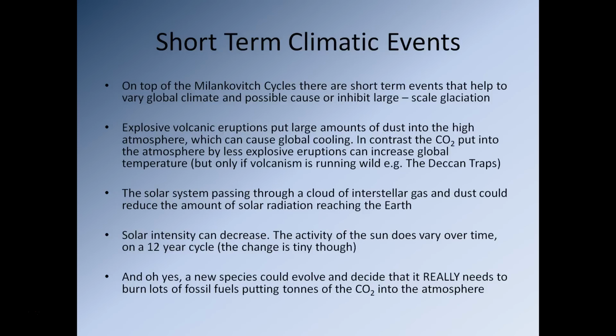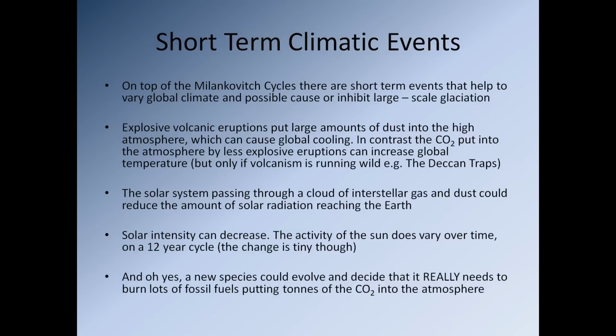You can have the possibility that the solar system can pass through a cloud of interstellar gas, and that would essentially mean that there would be more gas in between the Earth and the Sun. It'd be like the Earth and the Sun were moving through a fog. It would mean that less solar radiation would make it to the Earth, therefore global temperatures would drop. You can also have minor changes, like a slight decrease in solar intensity.